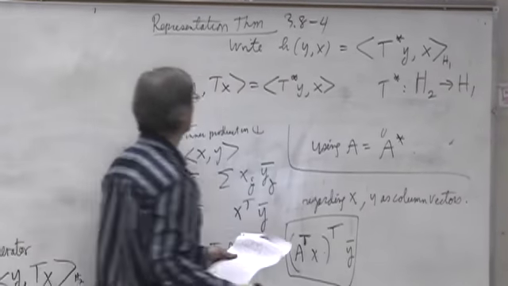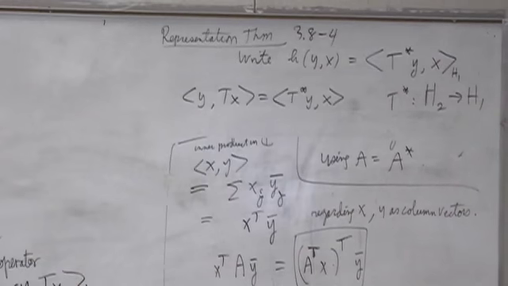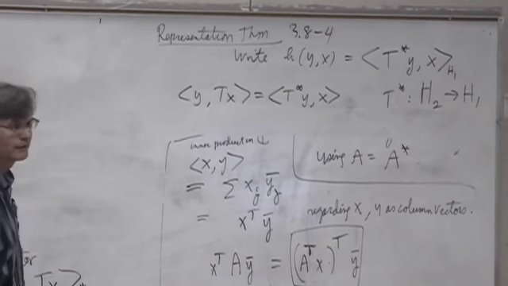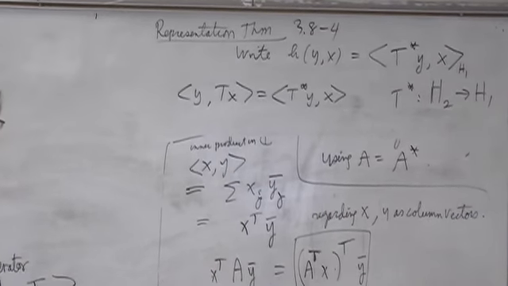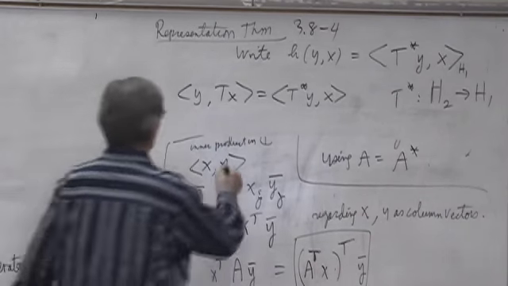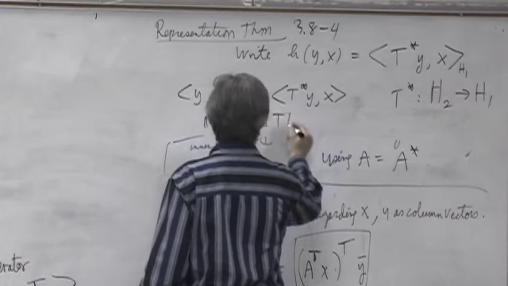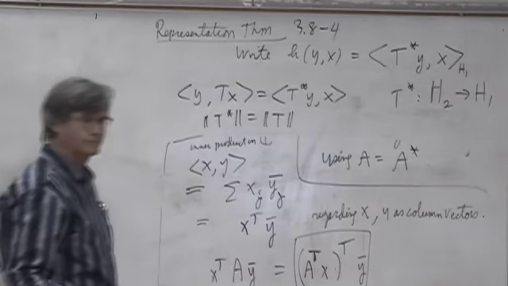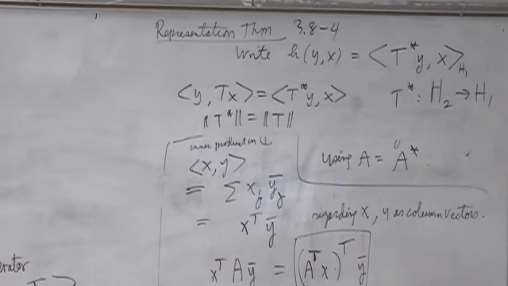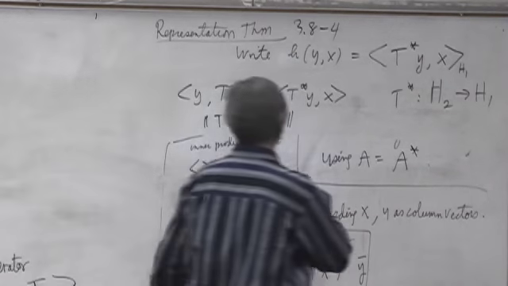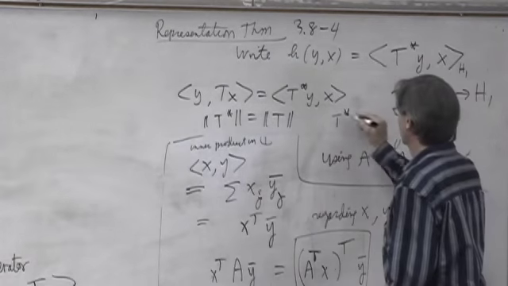So the theorem is going to define this adjoint operator. That's the definition. So this is going to be a uniquely determined adjoint operator where the norm of t star is equal to the norm of t. So I have a bounded linear operator. T star is also going to be a bounded linear operator with this norm.